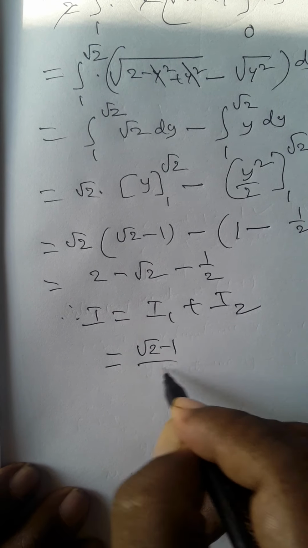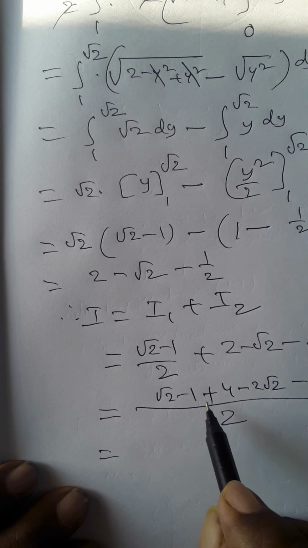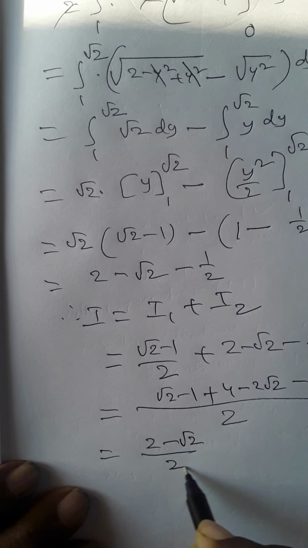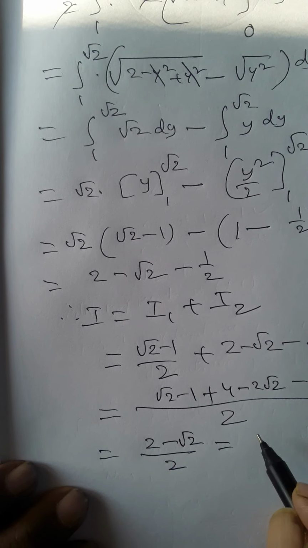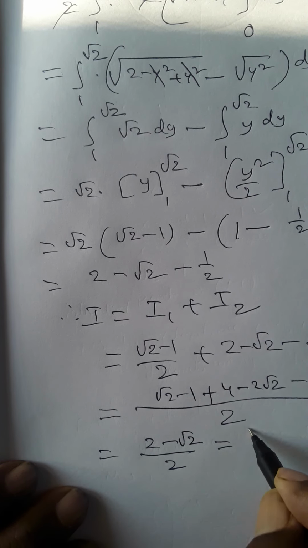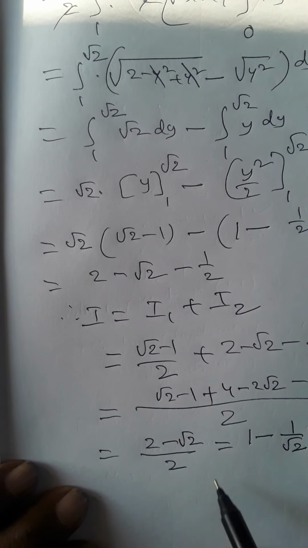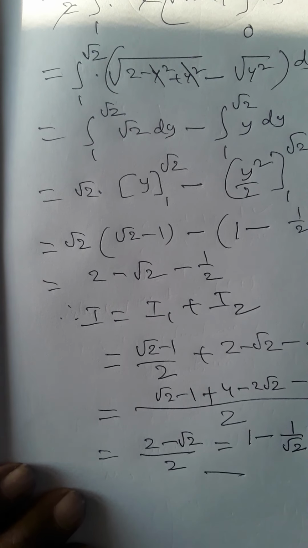So we get root 2 minus 2 root 2 minus root 2, 4 minus 2 is 2. 2 minus root 2 by 2 is equal to 1 minus 1 by root 2.